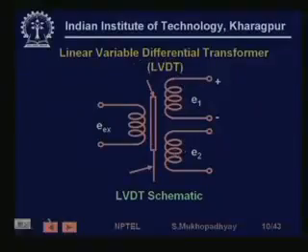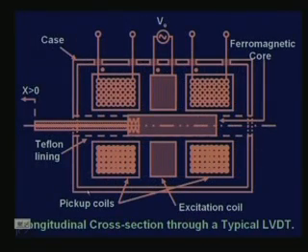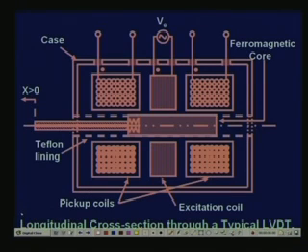The pulsating flux induces an EMF, so the induced EMF will change in the two coils, and as we shall see, if we connect these coils in what is known as series opposition, then we can get a signal proportional to the motion.